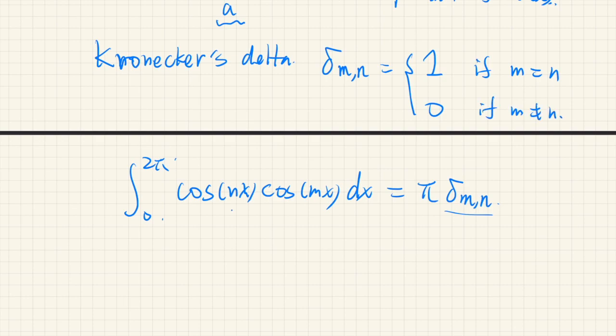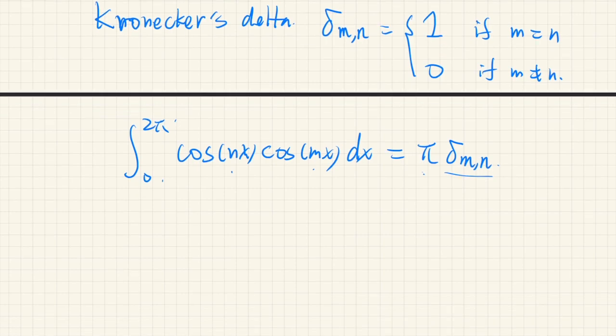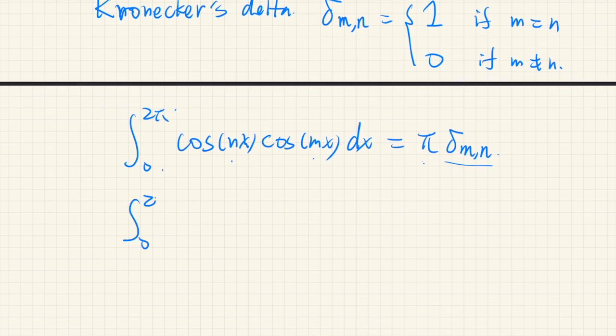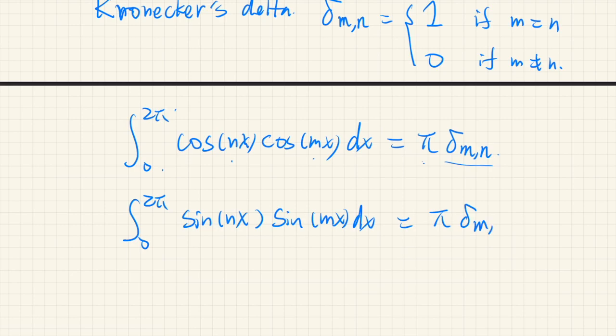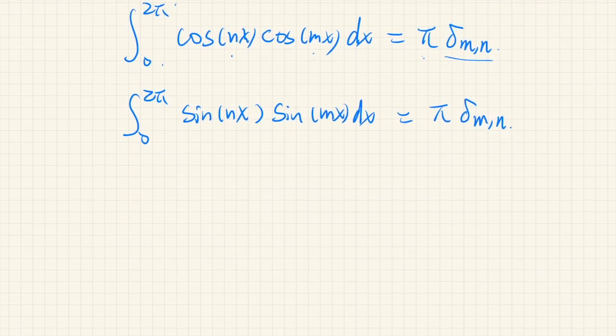So if n and m are equal, then this integral is equal to pi. Otherwise, it's 0. And similarly, for the sine function, the integral of sine nx sine mx dx is equal to the same, pi times Kronecker's delta mn. And finally, the product between sine and cosine over 0 to 2 pi.